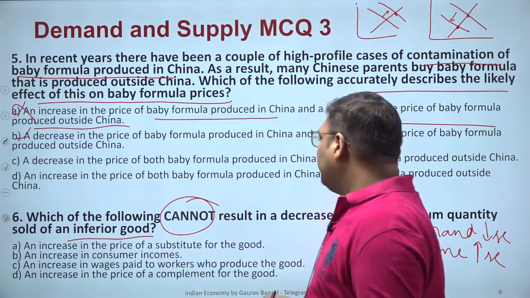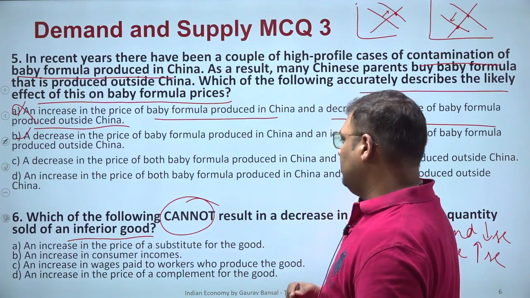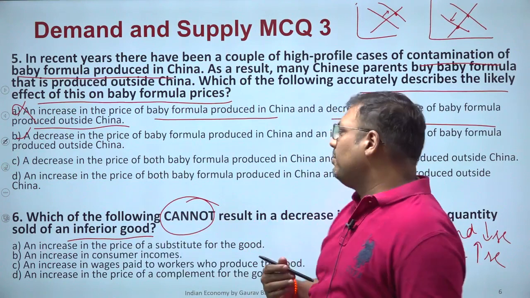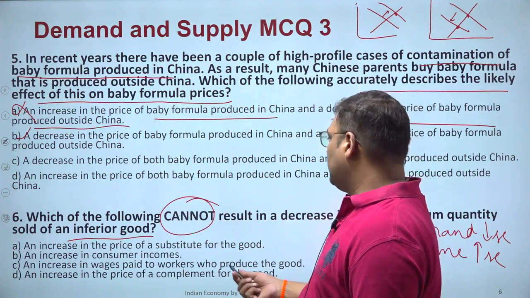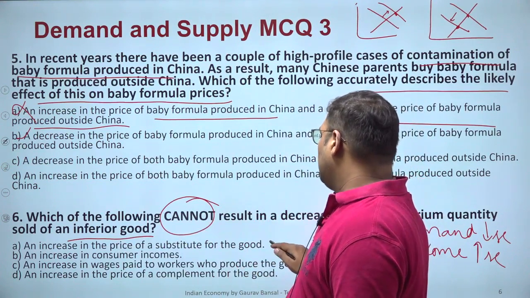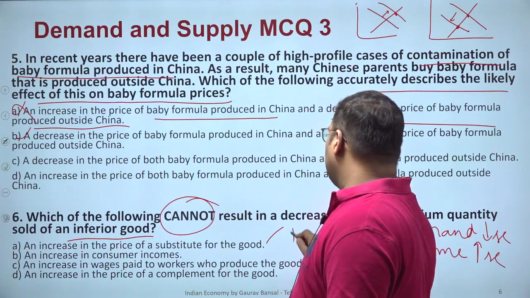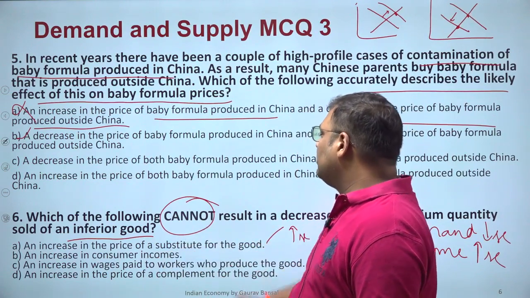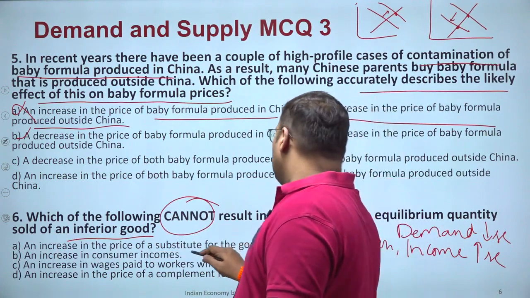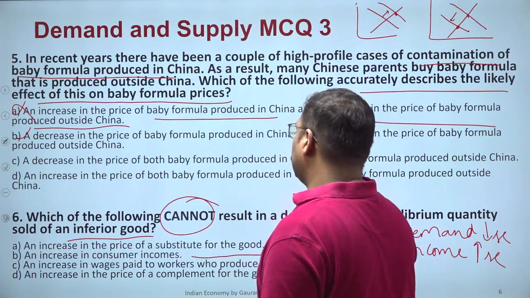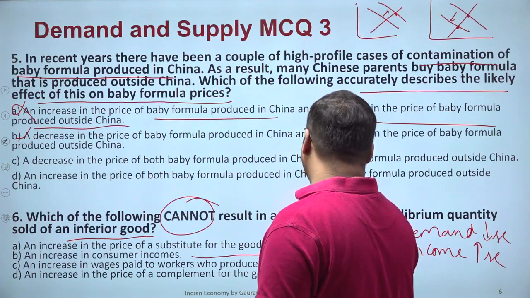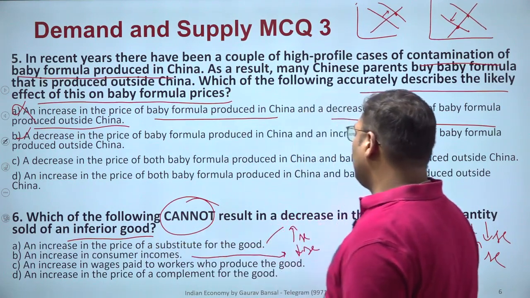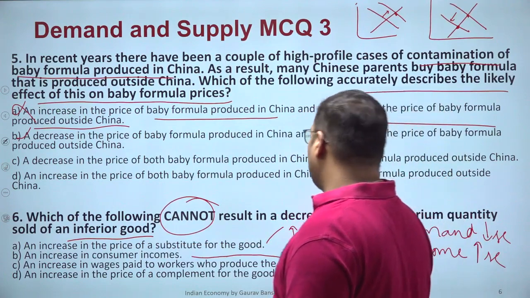Okay, increase in the price of a substitute for the good. If my substitute becomes more expensive, my demand will rise. Okay, increase in demand. An increase in consumer income. If income increases, inferior goods demand will fall. Okay, increase in the wages paid to workers who produce the good, not related.